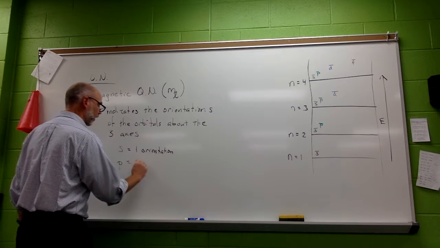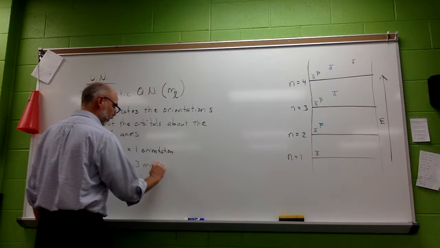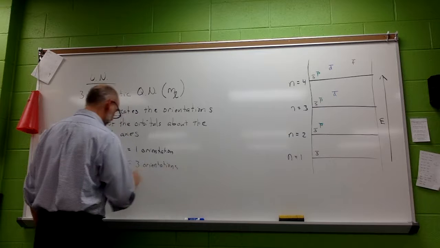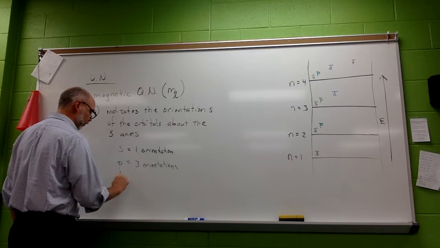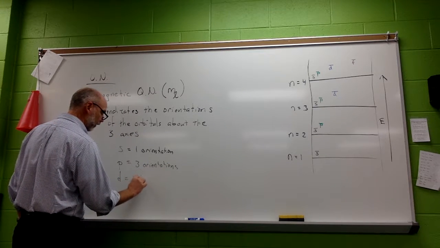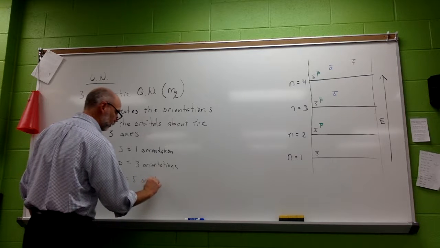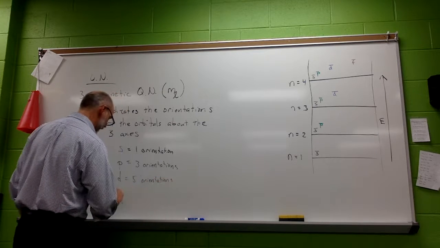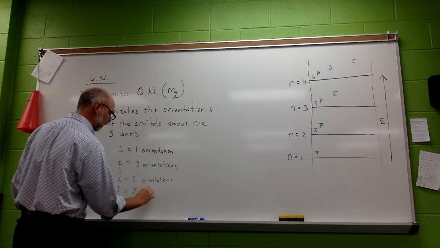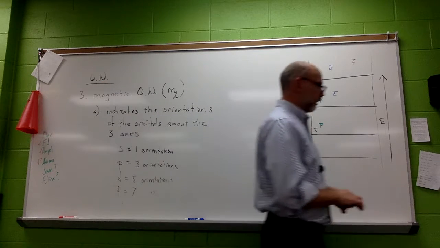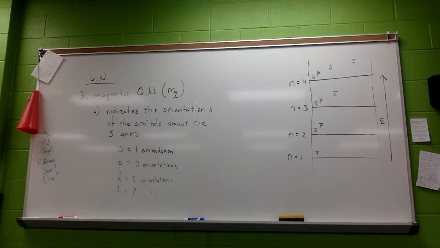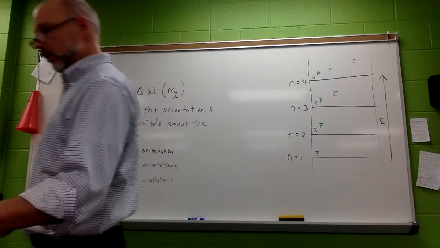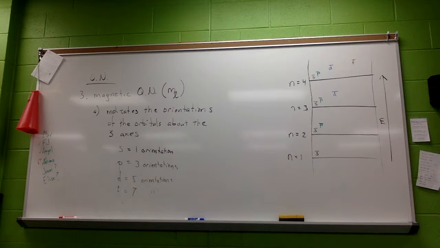Well, there's 3 axes in space, so there are 3 orientations. The d orbitals actually have 5 orientations, and the f's have 7. Which means we now get to go fill in more of the little ladder that we have.